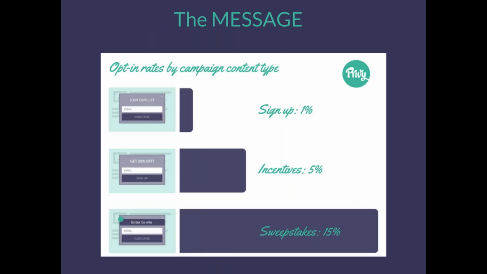And one of the things that we found in our research, so we've seen a ton of opt-ins, billions of opt-in data points across our users, is that the message of your form is the factor that carries the most impact on the conversion rate. So if your form just says, join our email list, and we'll send you announcements at a later date, then what you can expect is about a 1% sign-up rate.